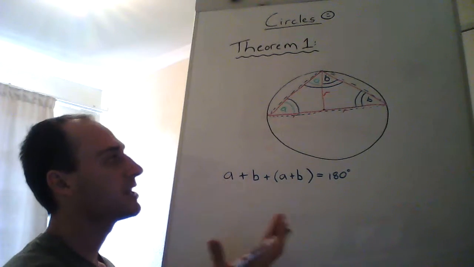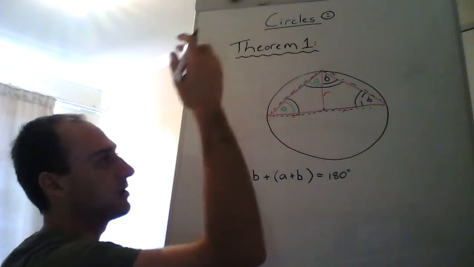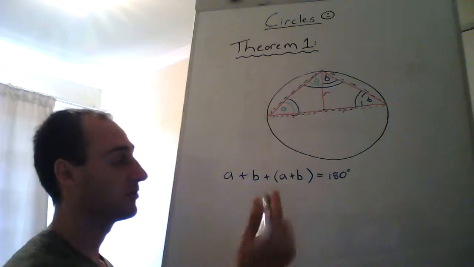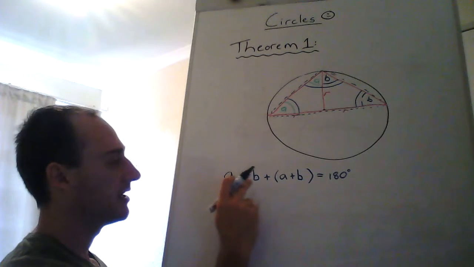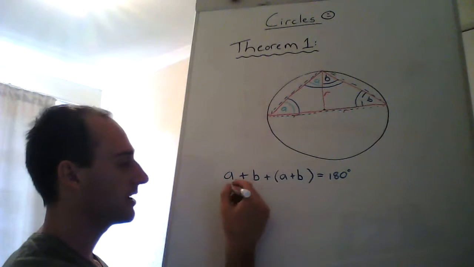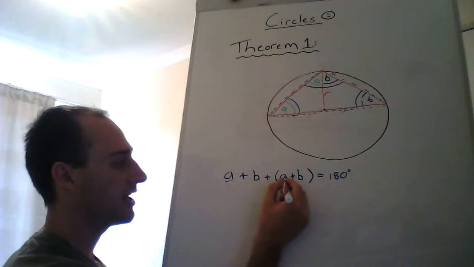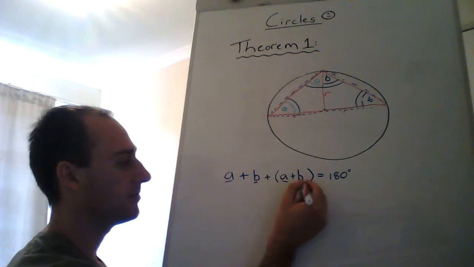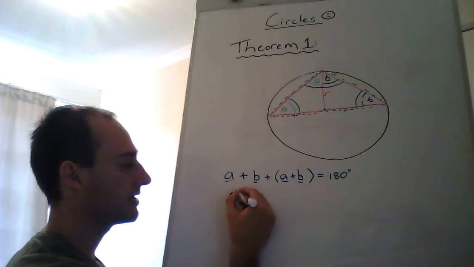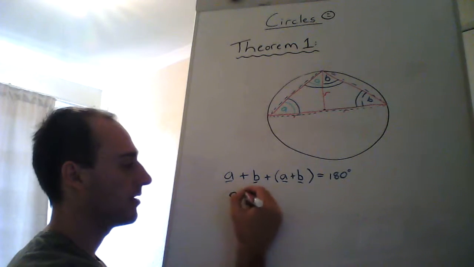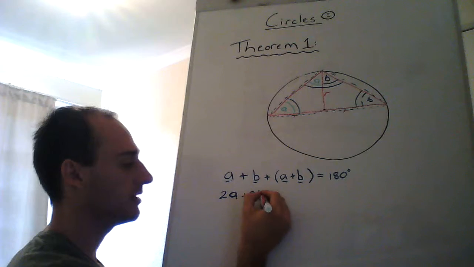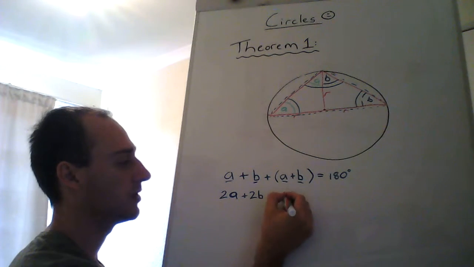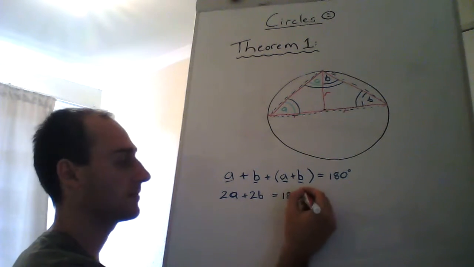So we can now expand, because we know the 180 degrees from the angle sum of a triangle, so we could now clearly state that A plus B, I can drop this bracket, I can collect terms, I've got an A here, and an A here, a B here, and a B here, so I can now say that 2A plus 2B equals 180 degrees, okay?